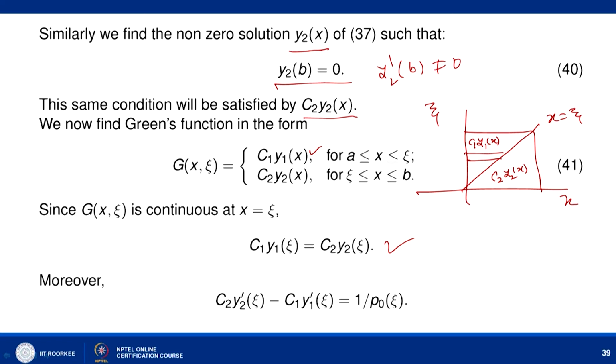So, here we simply say that ∂g/∂x at xi plus minus ∂g/∂x at xi minus equal to 1 upon the coefficient, that is p0. So, ∂g/∂x at xi plus, the region where x is bigger than xi, represents the xi plus region. So, c2 y2'(xi) minus c1 y1'(xi) equal to 1 upon p0(xi). So, we have these two conditions.